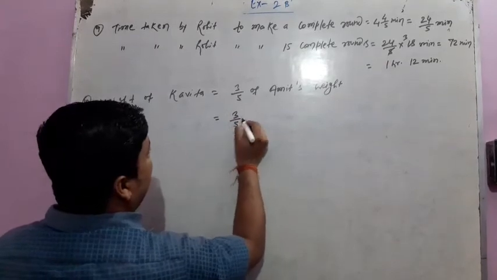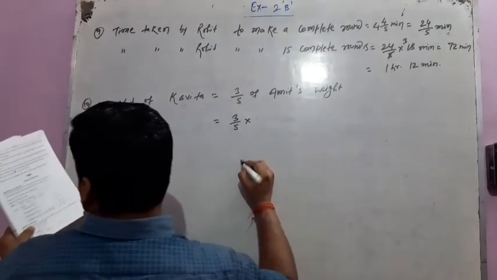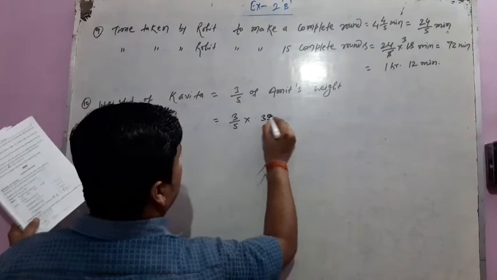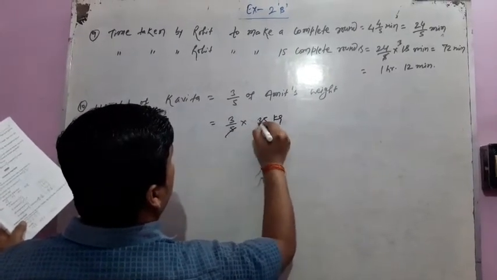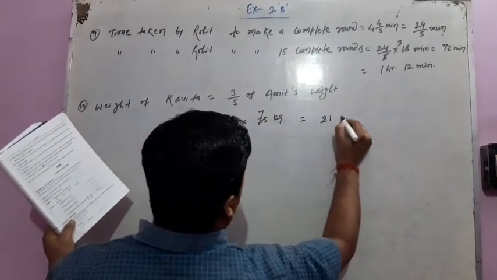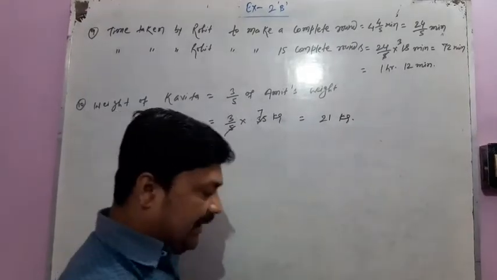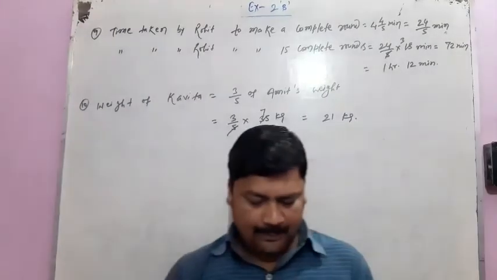Therefore 3 by 5 into the weight of Amit, which is given here as 35 kg. 5 7s are 35. Therefore weight of Kavita is 21 kg.